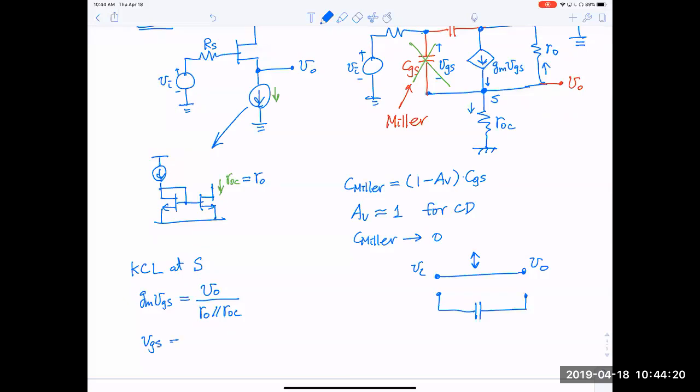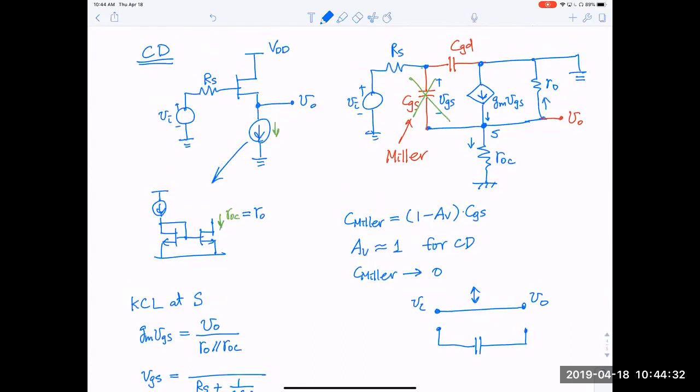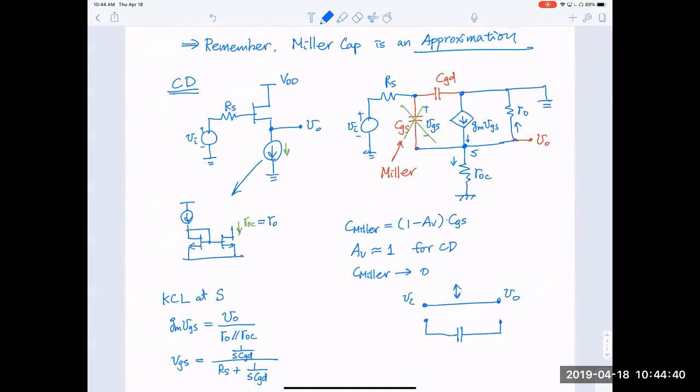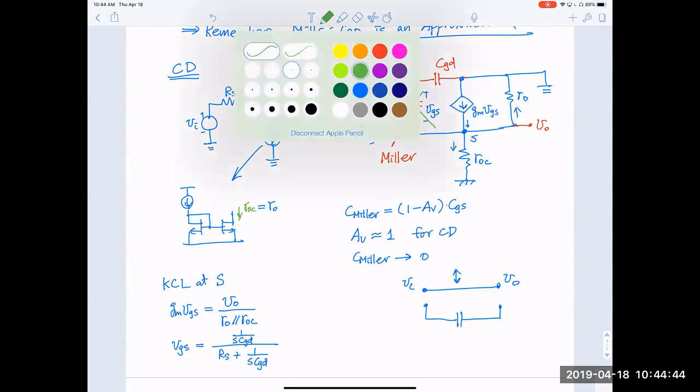VGS is simply RS plus 1 over sCGD, and the voltage drop is across 1 over sCGD. If you look at the circuit here, this is the voltage divider.